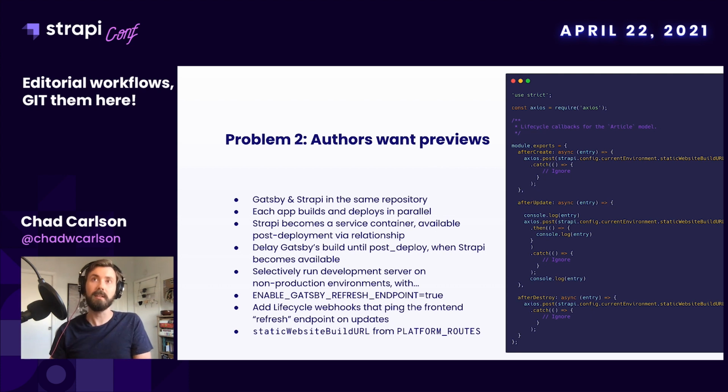On Platform.sh, the way that we would do this is any time after the build step, we can pull information like what is the current URL of any of the app containers. And more importantly, we can say what's the current relationship address for the Gatsby container in this case.